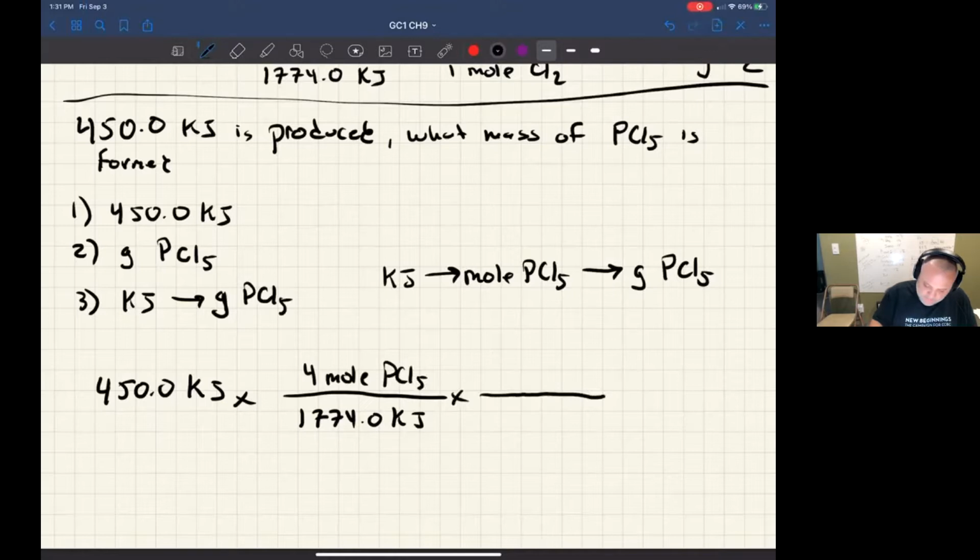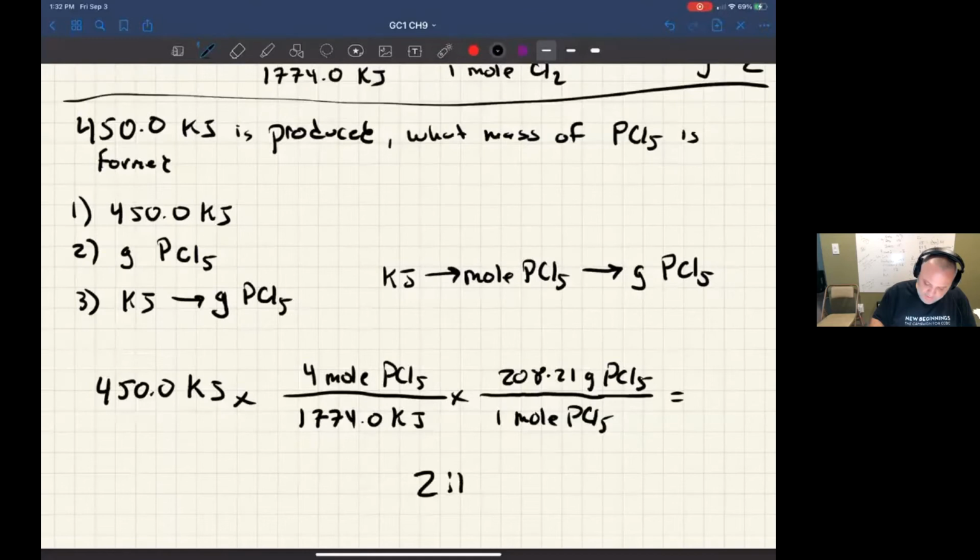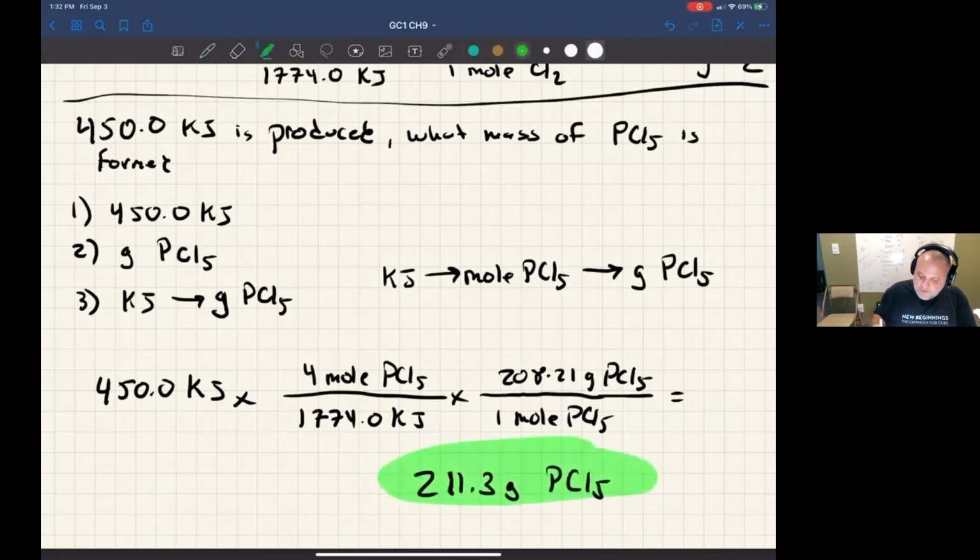And then I multiply that by the molar mass of PCl5, 208.21 grams PCl5. And I get, as a final answer, 211.3 grams of PCl5. And that is all 3 parts of that problem.